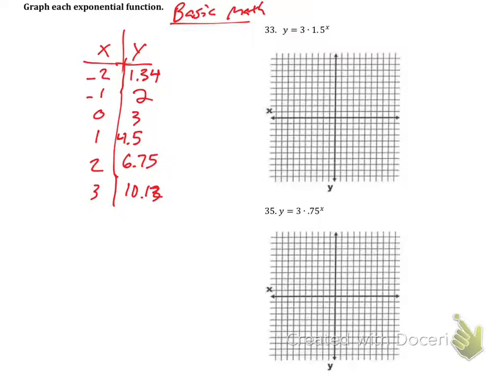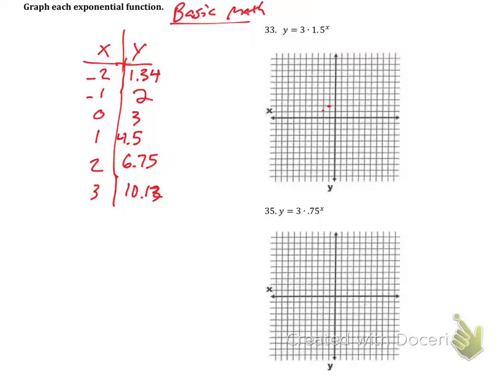All right, so now we go to graph this thing, and we're just going to have to do our best. So I'm at -2, so I'm going to go to the left 2, and I'm going to go up 1.3, so probably about right there. Second one is -1, 2, so -1, and then right on the 2.